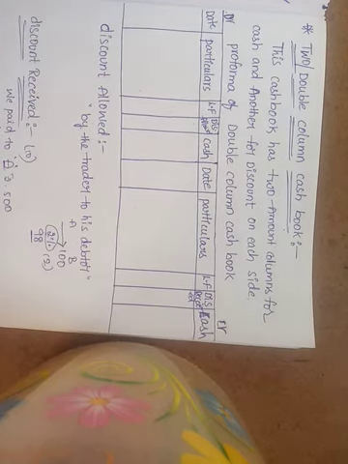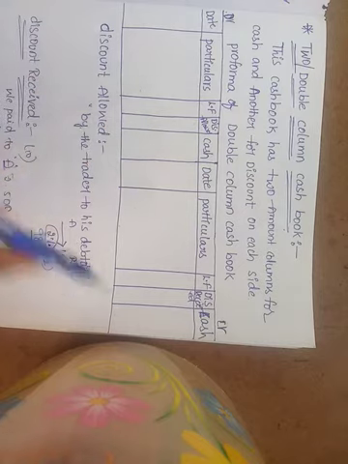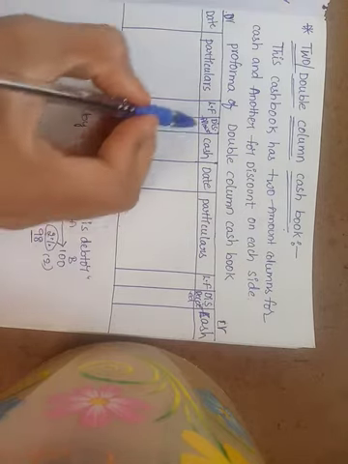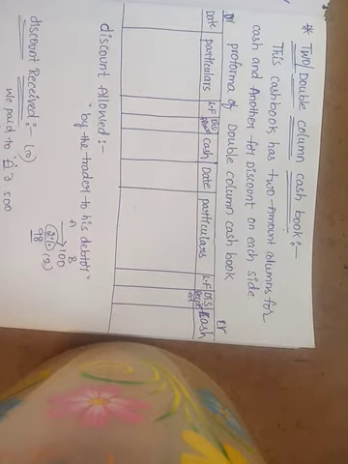One note here: it should be noted that the discount columns are not balanced. Remember that the discount allowed and discount received columns are merely totaled.